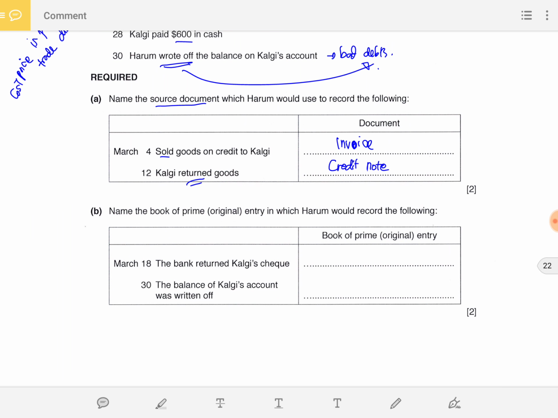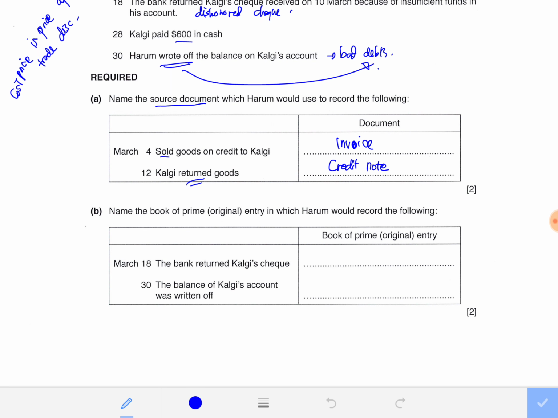Next, name the book of prime entry in which Harum would record the following. Bank returned Kalgi's check. It relates to a check, so it's a bank transaction. The book of prime entry used is the cash book, because all transactions made in cash or bank are recorded in the cash book.